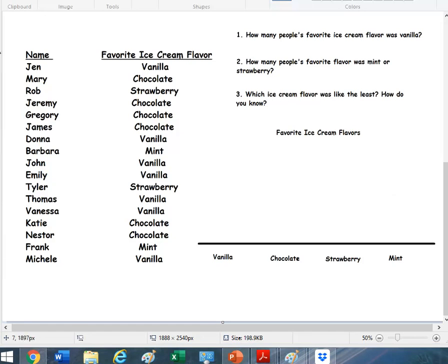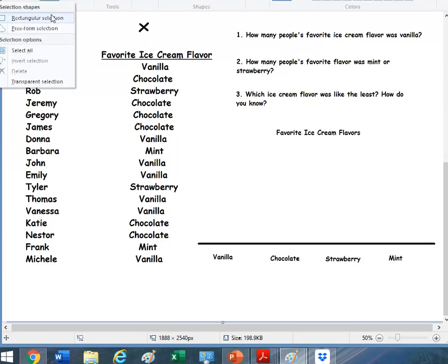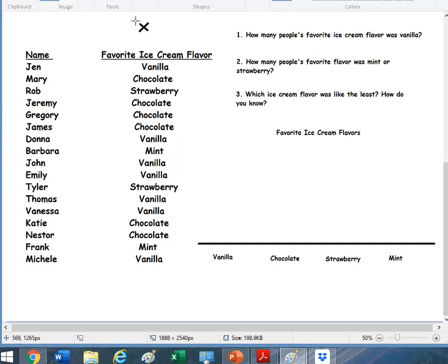Okay, so now I need to figure out how many X's to put above each flavor, and I need to look back at my data for that. So let me make an X. Okay, here's my X. I'm just gonna copy it.